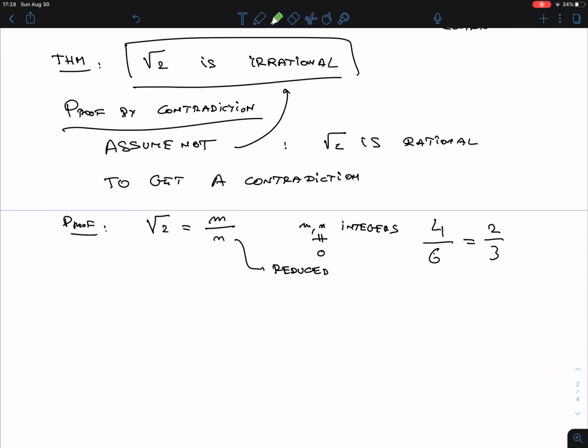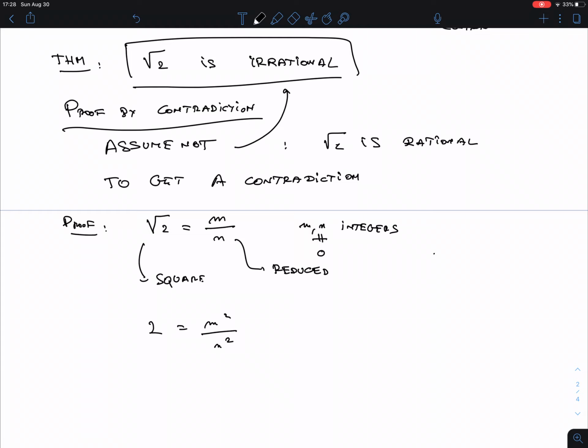Okay. So, oh no, that's not what I want to do. Good. Okay, so at least I have something to work with. One thing I've learned is that with radicals you don't want to work with them, so you square them. Okay, let's square both sides. So we get now 2 is equal to m squared over n squared, right?